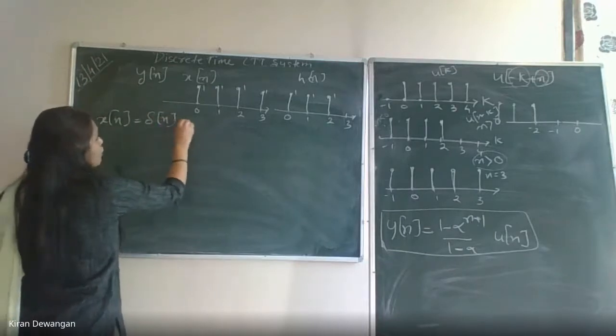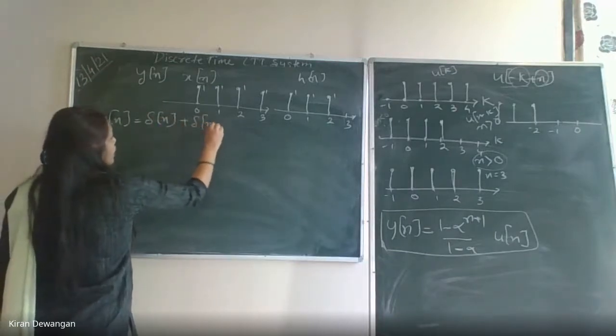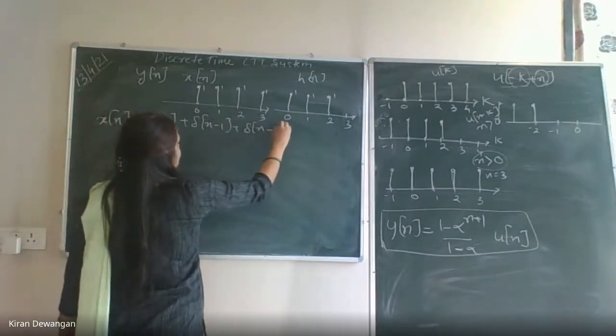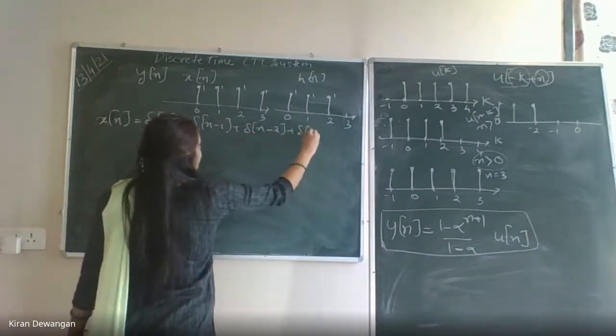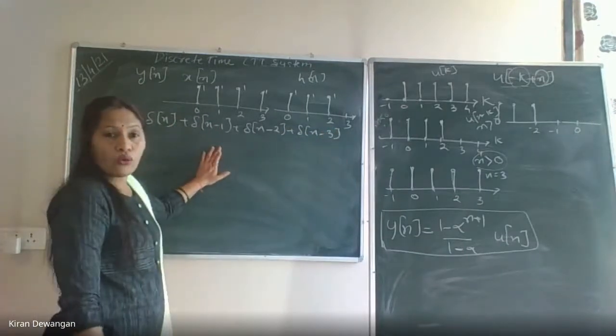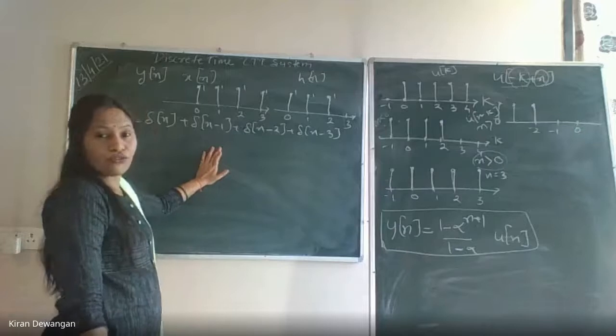It will be del of n plus del of n minus 1 plus del of n minus 2 plus del of n minus 3. This is how we'll write our x of n.